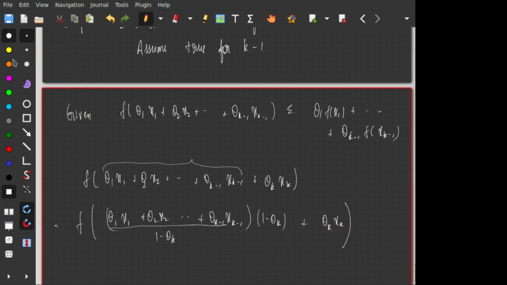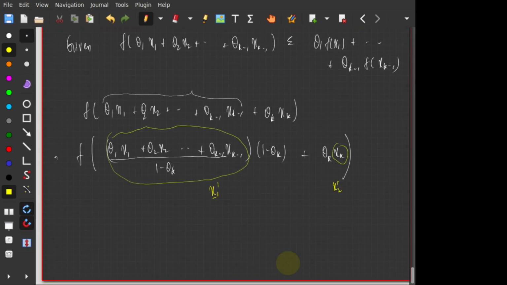So this whole term is going to be my x1 prime, and this term is my x2 prime. Now I can just use the definition of convexity, right? I have f of 1 minus theta k x1 prime plus theta k x2 prime, which is less than or equal to, as in the k equal to 2 case.